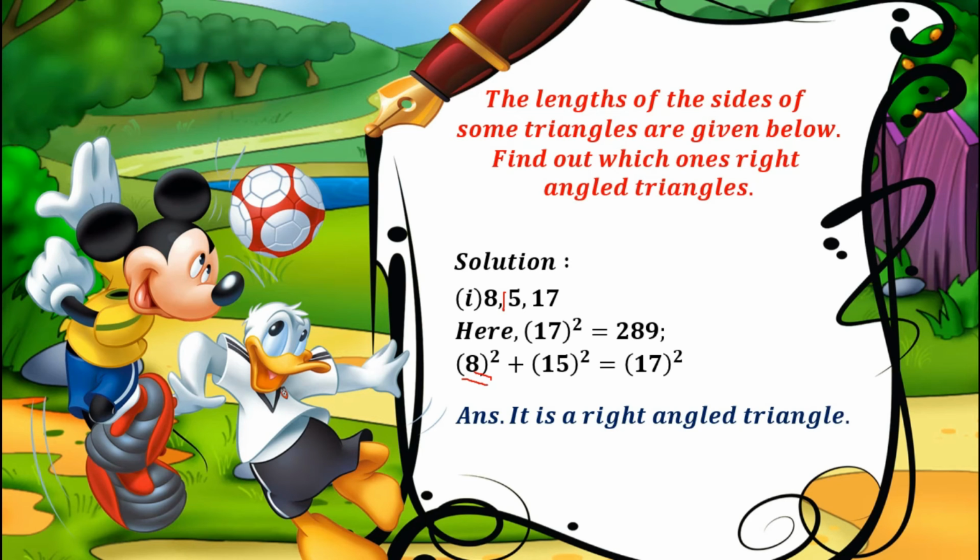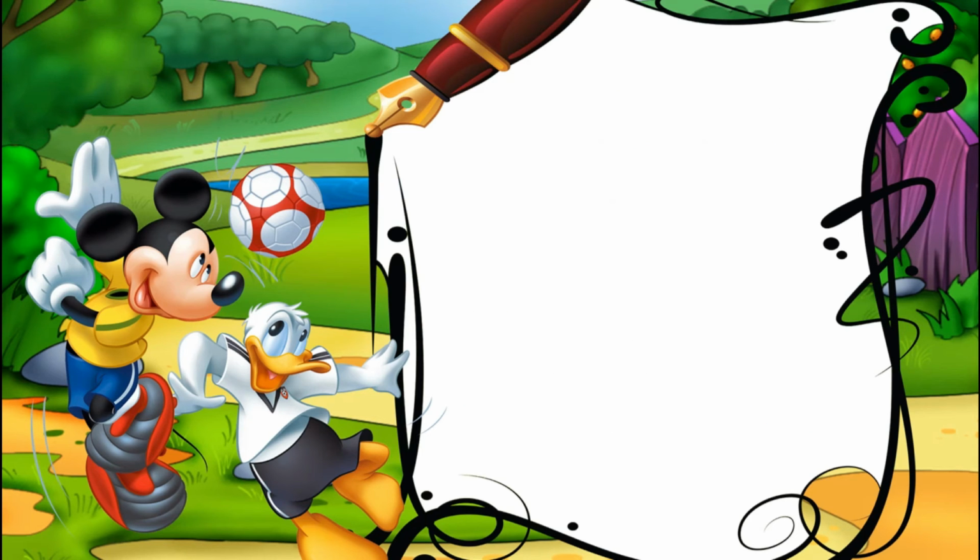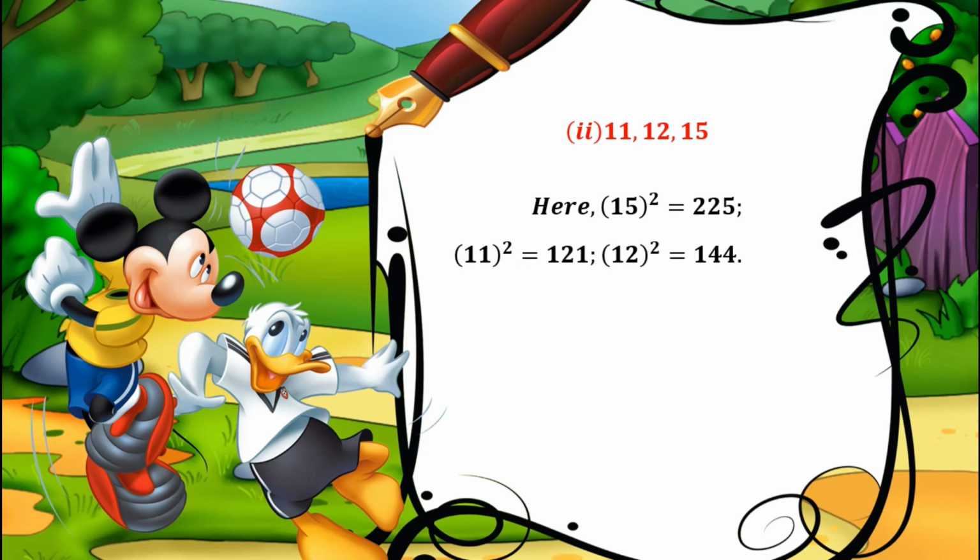Okay, now the second question, 11, 12 and 15. So here 15 raised to 2 will be 225, and 11 raised to 2 will be 121, 12 raised to 2 will be 144. So 121 plus 144 will be 265.